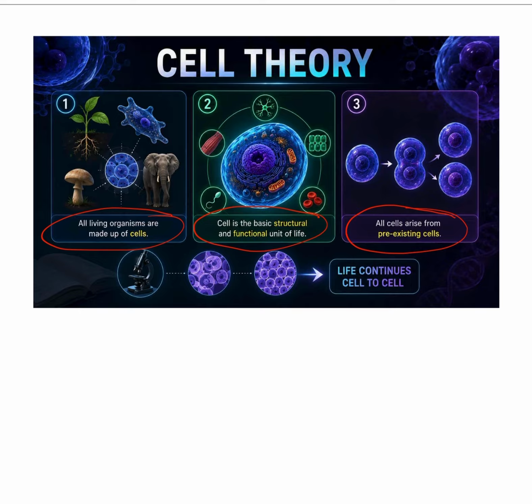So if all plants are made up of cells and all animals are made up of cells, then rightfully we can say all living organisms are made up of cells. The cell is the structural and functional unit of life that we already know. And Rudolf Virchow added that all cells arise from pre-existing cells. So he is the first one who gave the idea of cell division here, right? The idea of cell division.